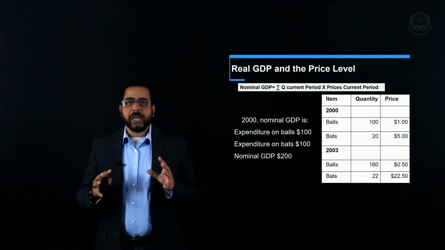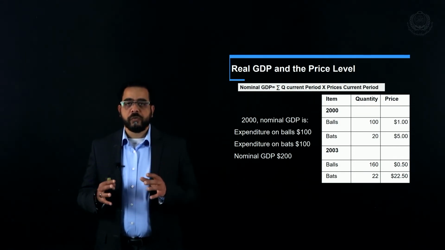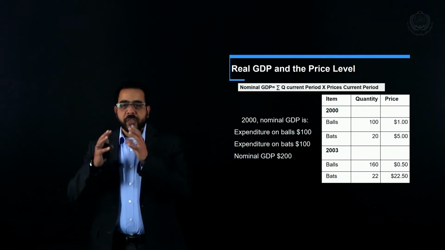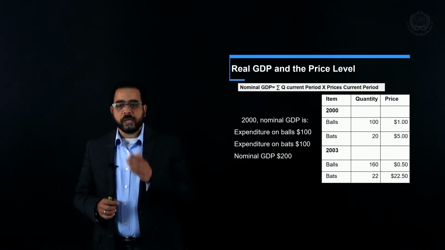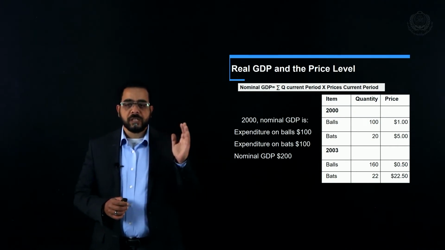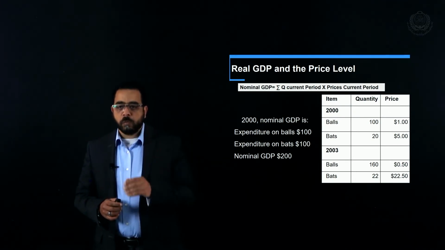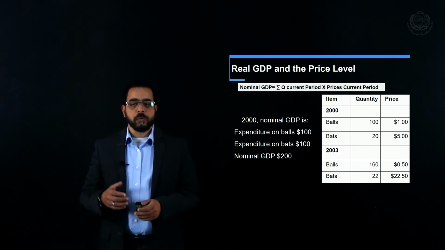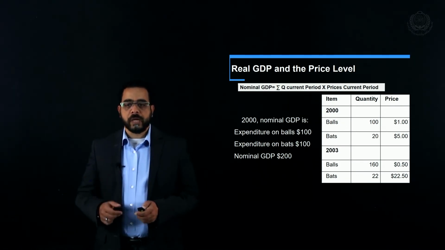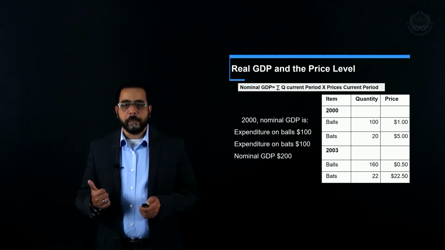This is the one that we have been introduced to so far. I'm going to multiply the current quantities times the current prices. So for year 2000, it will be 100 times 1 equals 100, 20 times 5 equals 100, and the total GDP will be the summation, 100 plus 100 equals 200 in nominal GDP.